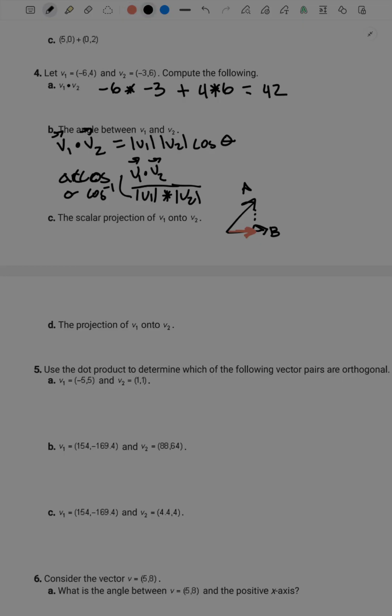So we're going to want v1 onto v2. So we are going to do v1 dot v2, and then we're going to be dividing all this by the magnitude of v2, and you should get one number, and I believe that's going to be the magnitude of this pink vector right here.